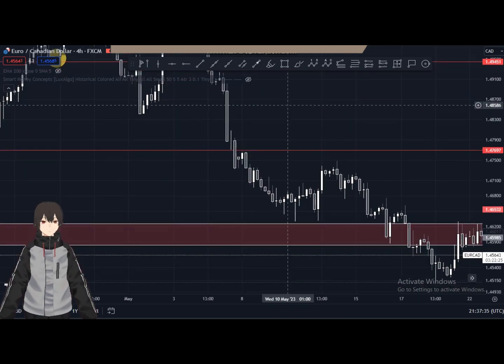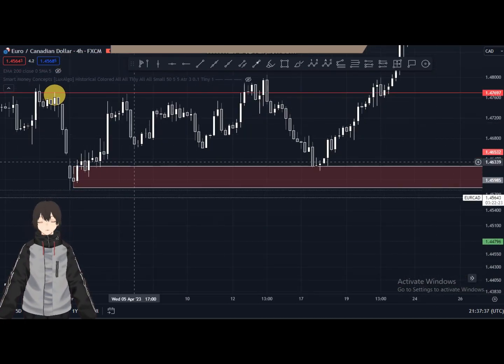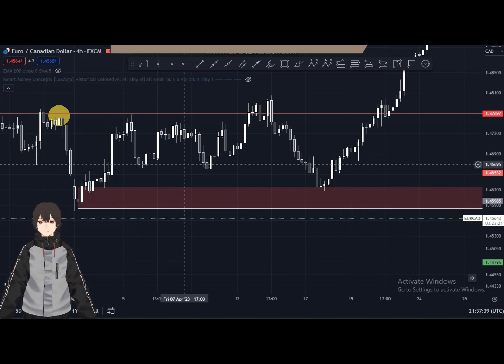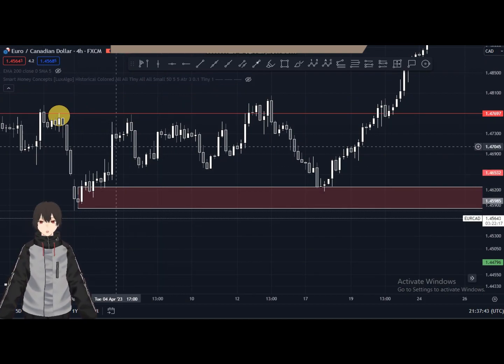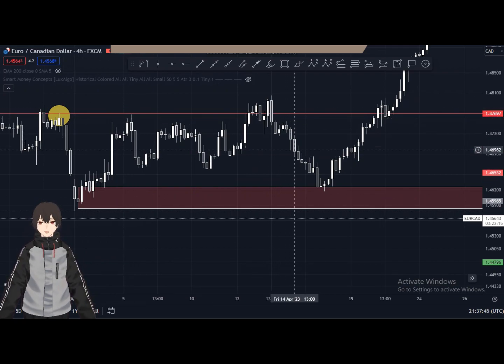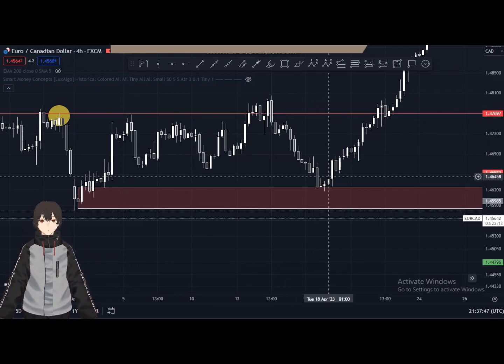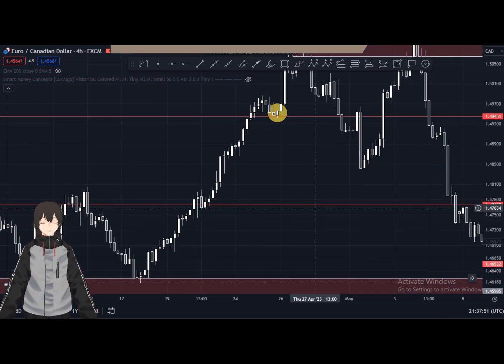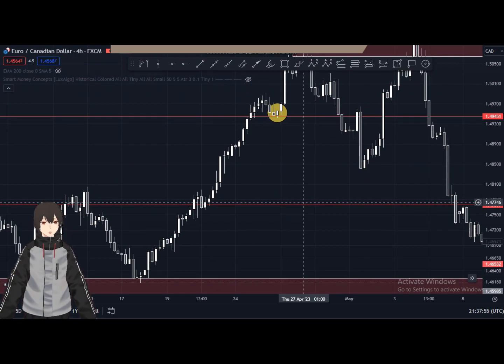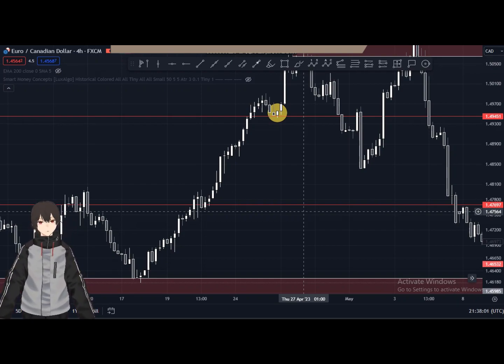Or this place, as usual you can see, is a support zone. Then the market came back here, you can see the support and the market moving up. Okay, you can understand that we have static and dynamic places in old price action, but in smart money we use support and resistance.